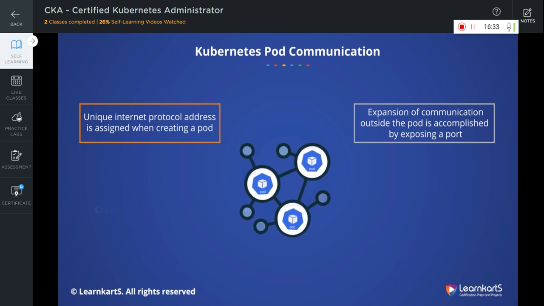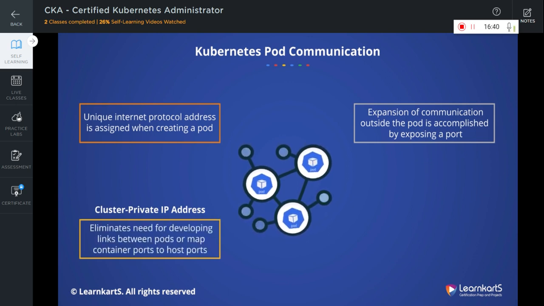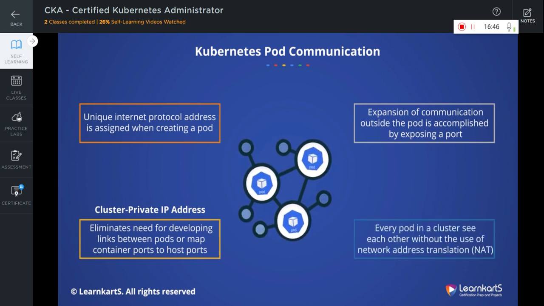You can also have a cluster private IP address, which basically avoids external communication. And every pod in a cluster can see each other without the use of network address translation. You don't need to set up any NAT. Those are default, agreed things given by default, so you don't have to worry about networking too much. Keep creating pods, and then you can interact seamlessly.